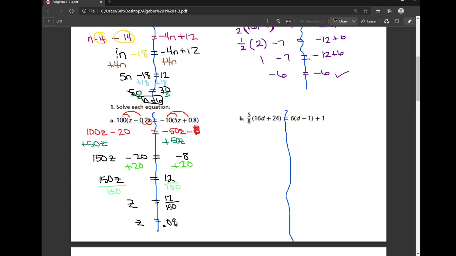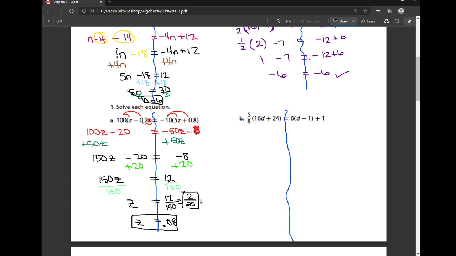I like keeping things in fractions because they're easier to work with. So for me personally, I would reduce this. I know 12 and 150 are both divisible by 6. That would give me 2 25ths. I prefer 2 25ths over 0.08, but both answers are equally correct in this case.